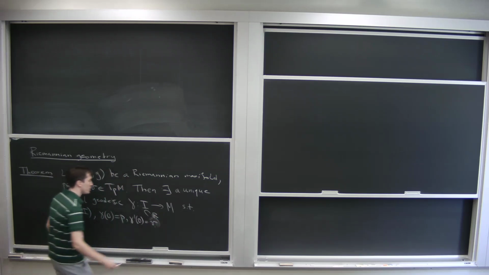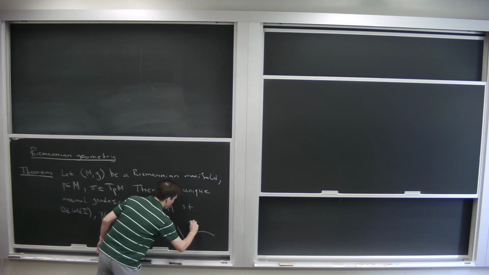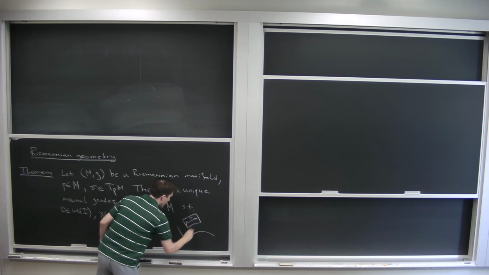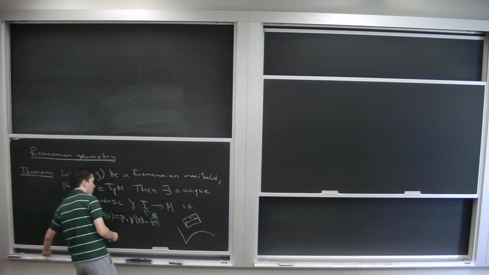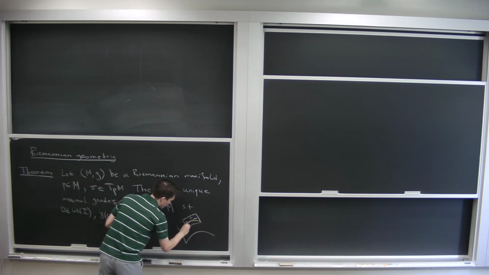So geometrically, it means that if you fix a point and the tangent vector, right? So this is p, this is v, then there exists a unique geodesic in this direction passing through this point, right?